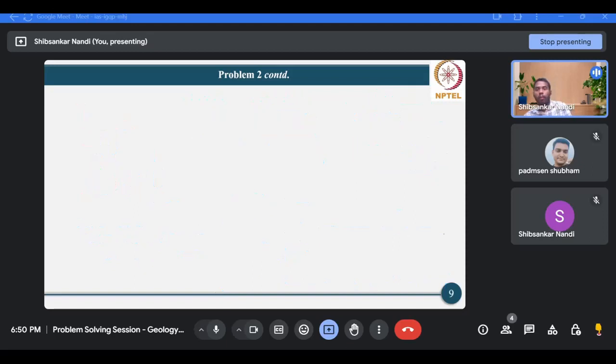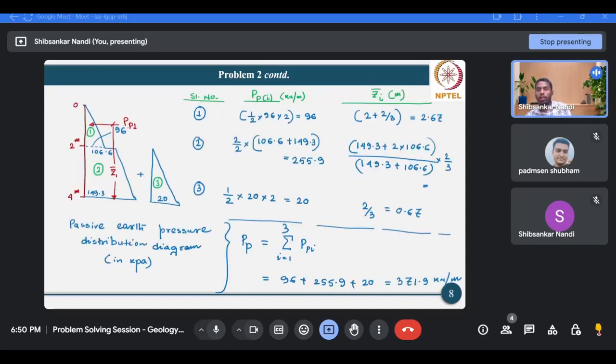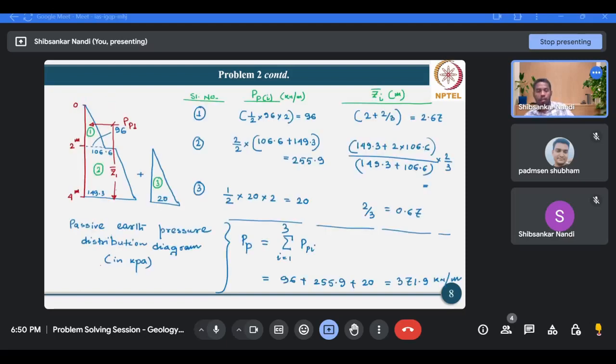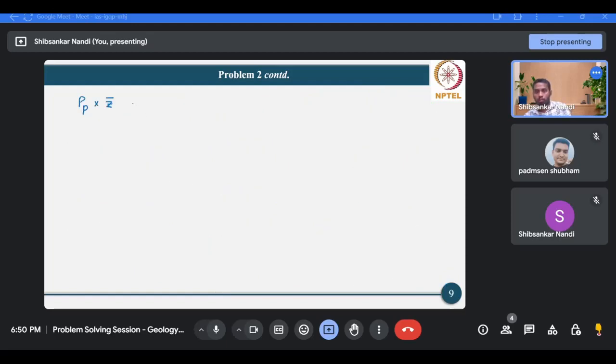Now coming to its line of action. So what do we have to take? We have to basically take the moment about the base of the wall. So this is the resultant thrust. Suppose this is acting at a distance Z bar, and this is the moment of individual passive thrust components. We have to equate this.